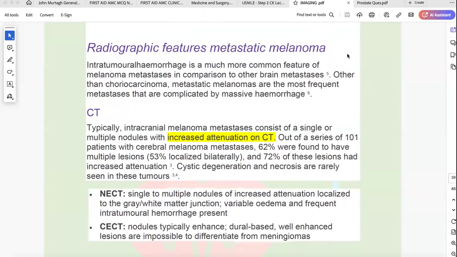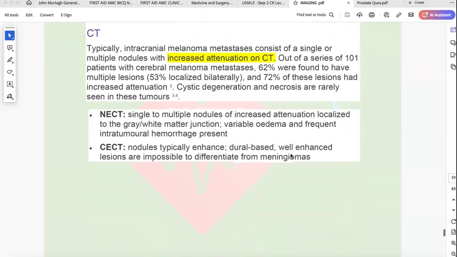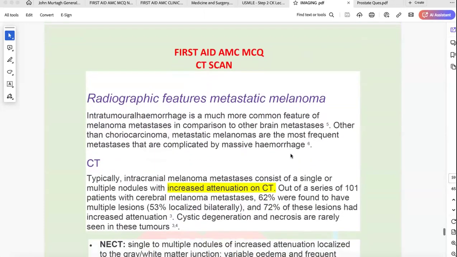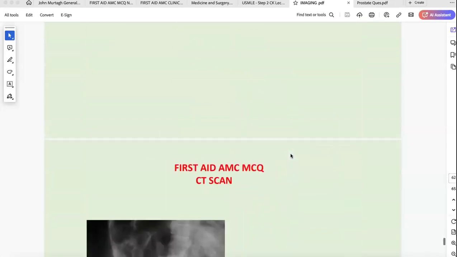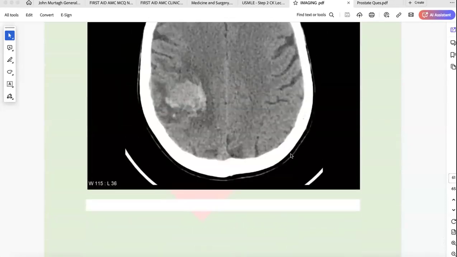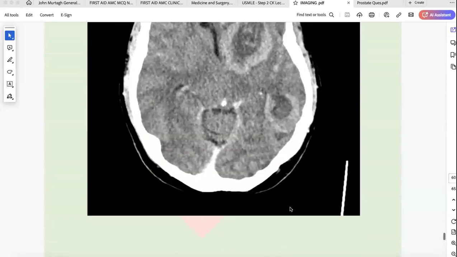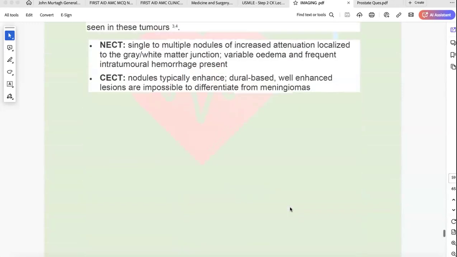But apart from that, we also sometimes need you to understand how to diagnose ischemic stroke, how to diagnose hemorrhagic stroke, and have a basic idea about metastatic melanoma, and sometimes they also ask you about brain tumor.